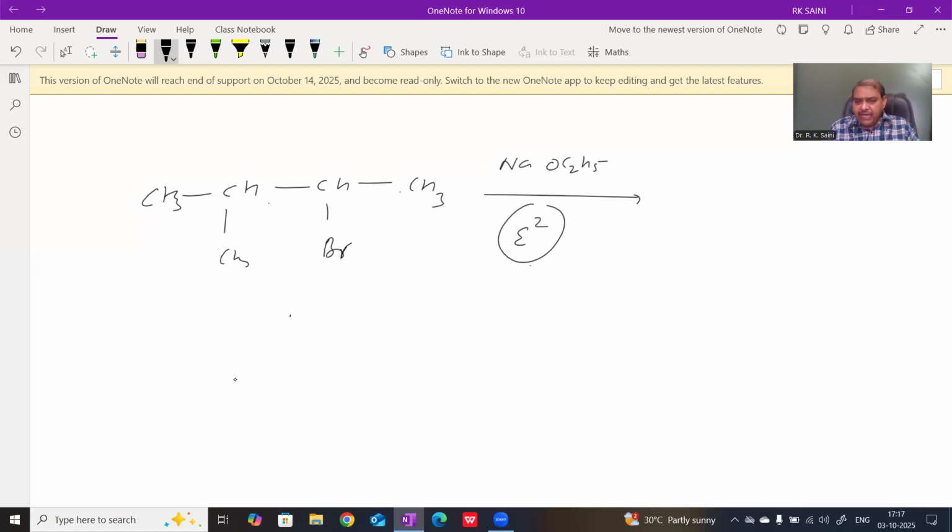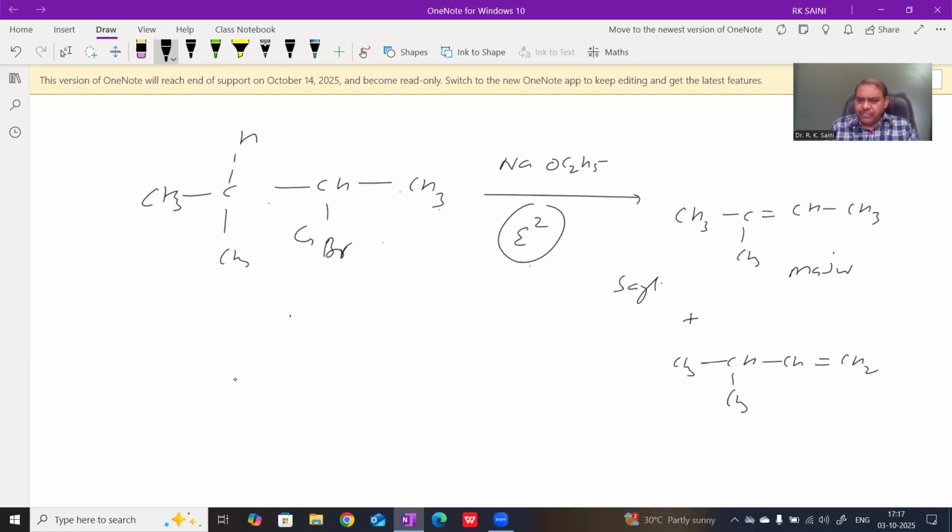Therefore, mainly alkene character is there, with simultaneous removal of H and the leaving group. Therefore, the major alkene in this reaction is nearly 70% or more. However, 1-alkene is also there, but the major alkene is the Saytzeff alkene in presence of sodium ethoxide.